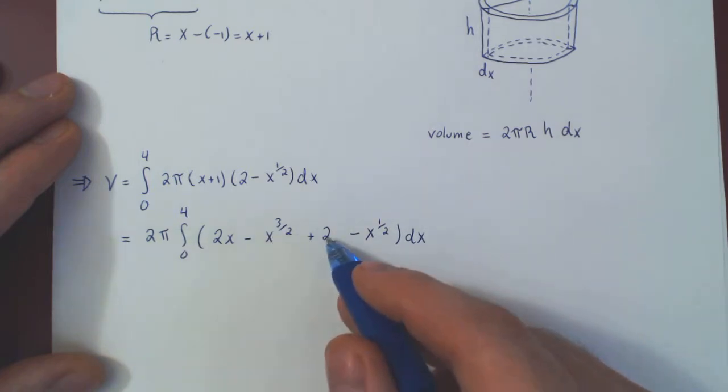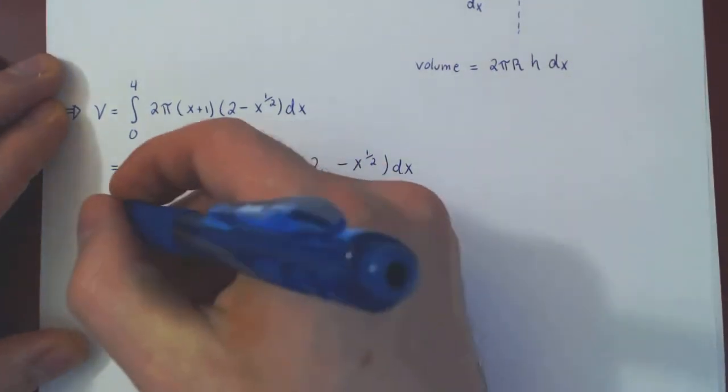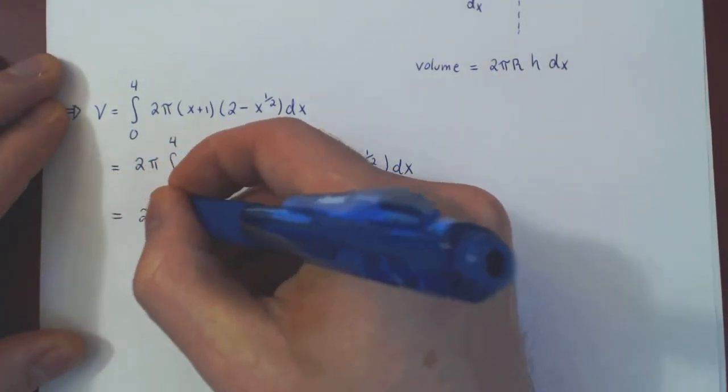There is no possible simplification, so now we can use the fundamental theorem of calculus, finding our antiderivative.